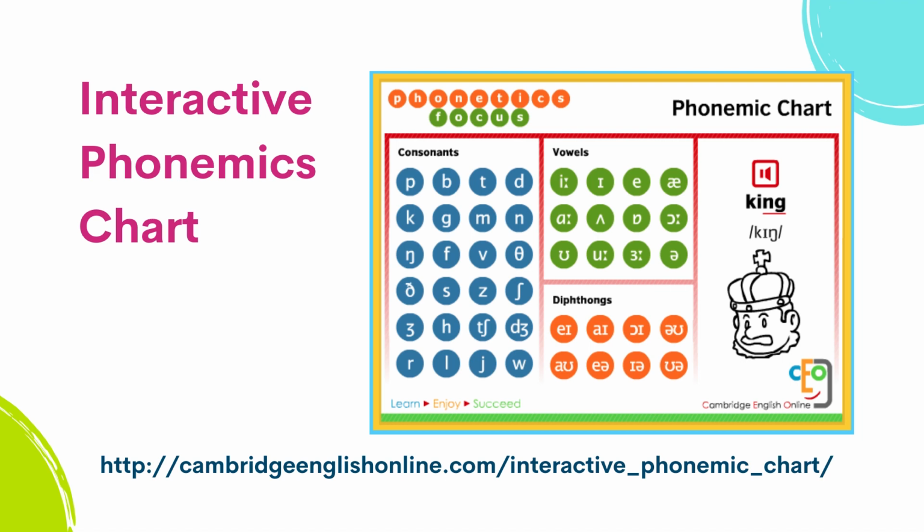When you click on the phonemic chart symbol, let's say this one is king, there will be an example on the right, king, and then there is the phonetic transcription to read that, and you can click on the sound icon to repeat the sound.